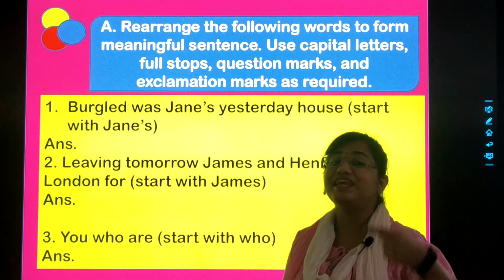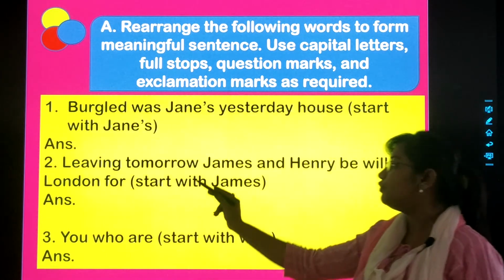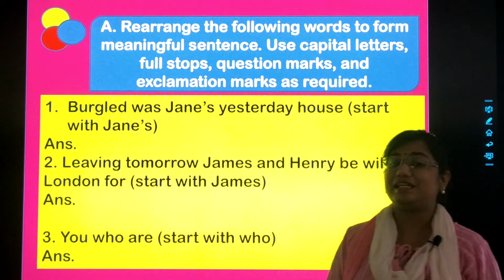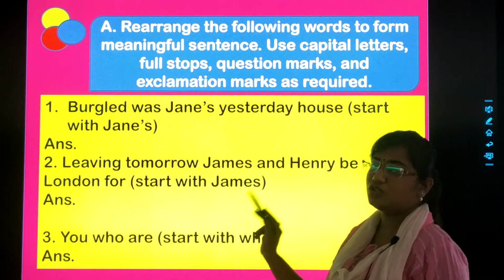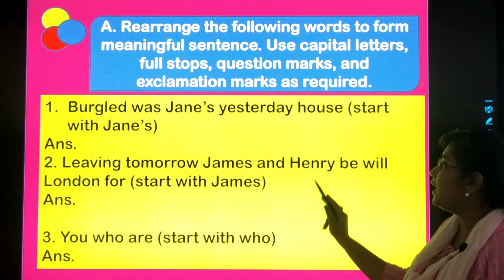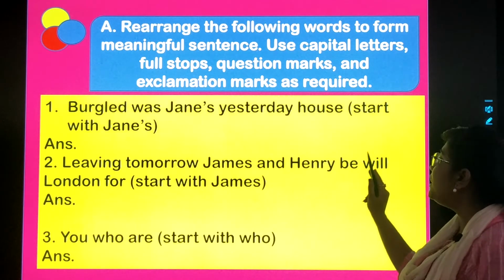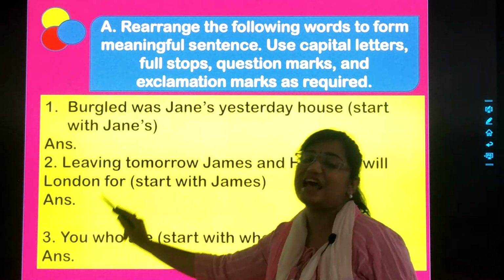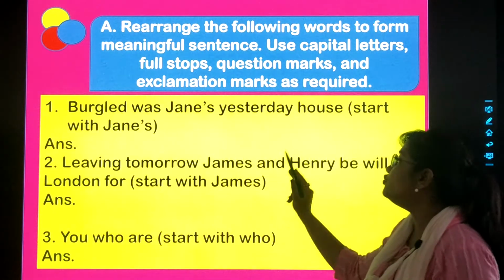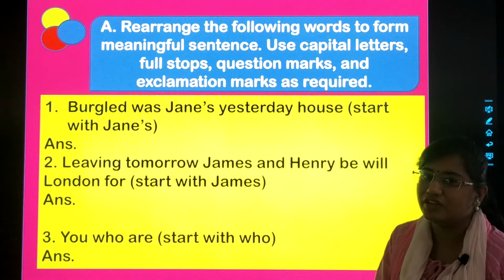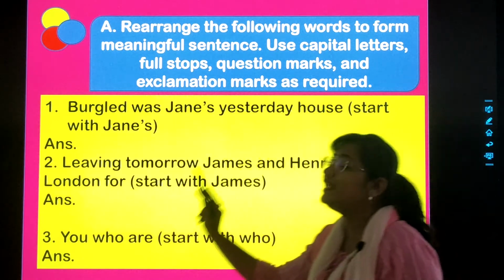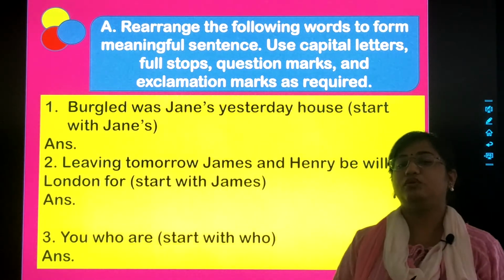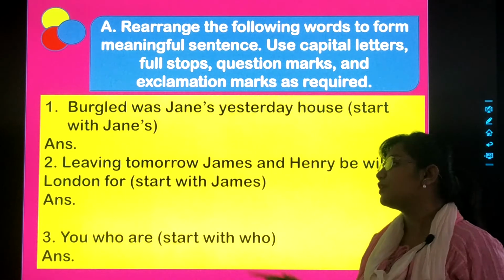We need to rearrange it, and over here for our convenience, we have to start the sentence with James. So, James and Henry will be leaving for London tomorrow. Is it clear?